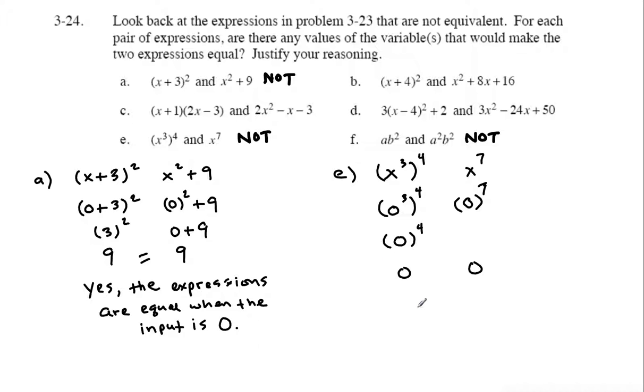So 0 works. And we also could throw in 1 into this. We could say 1 to the third power, and then we could take it and raise that to the fourth power.